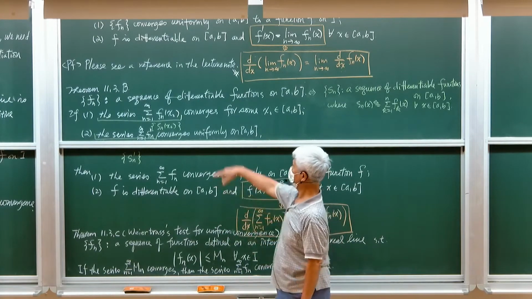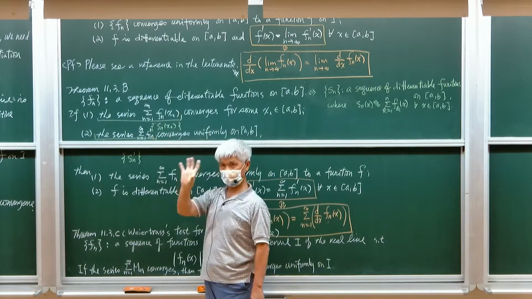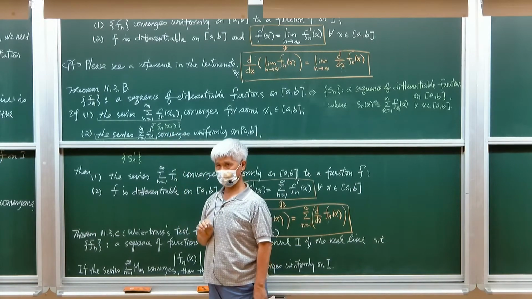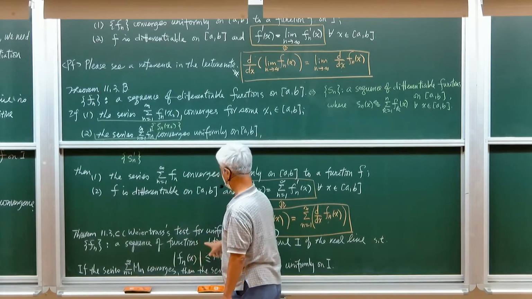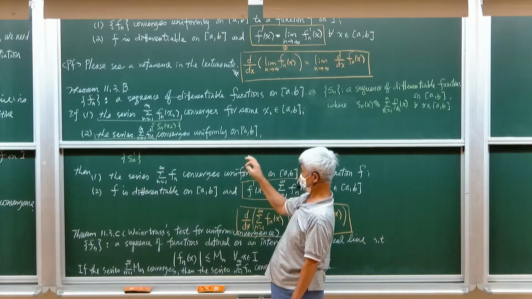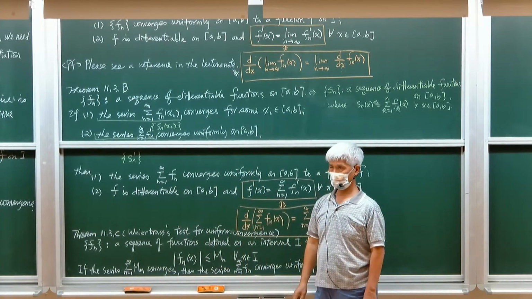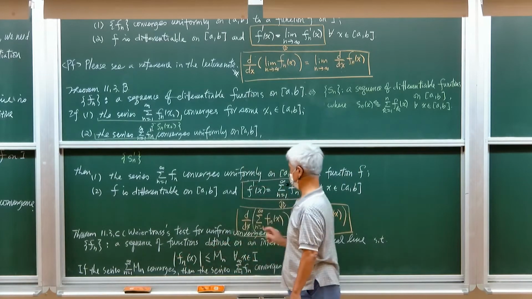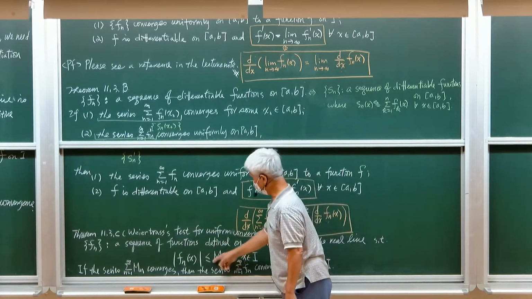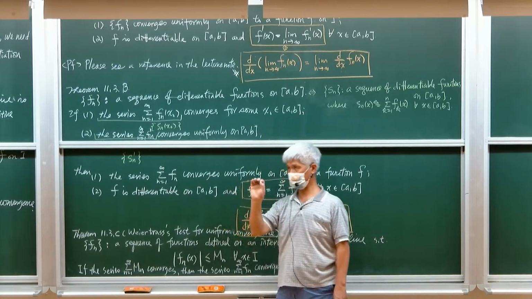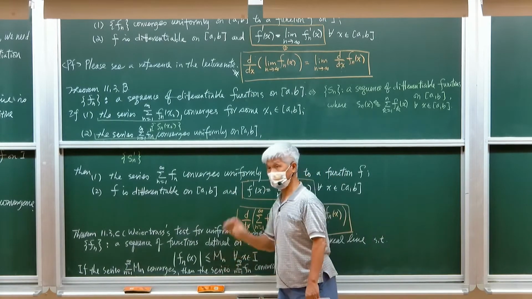First of all, for each Fn prime, for each derivative of f sub n, we find an upper bound, M sub n. We find an upper bound, and the bound we use should be as small as possible.